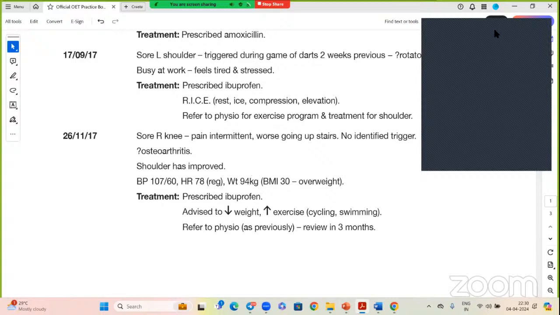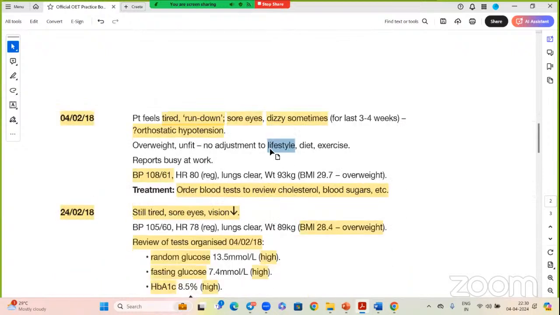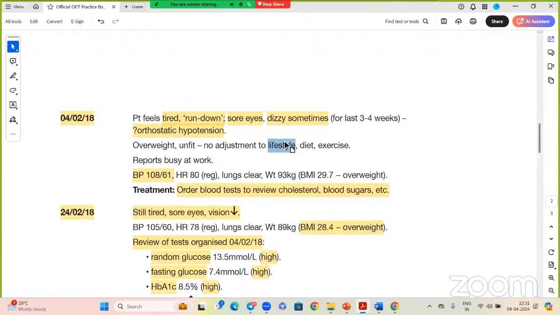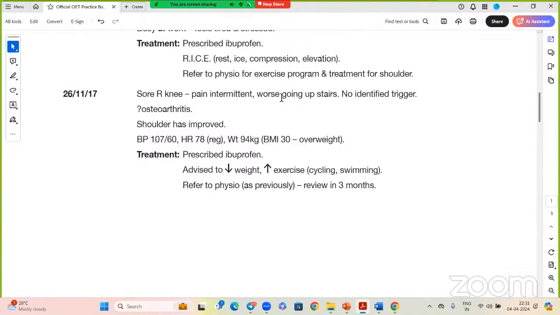Now if you see, what are his activities? No diet, no exercise, no adjustment to lifestyle. What are his activities actually before? Advice to reduce weight, increase exercise.